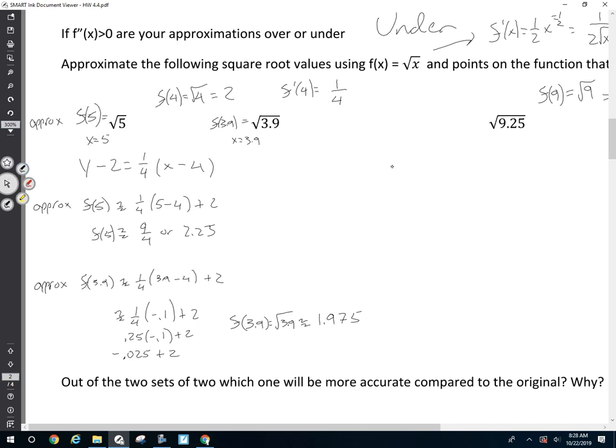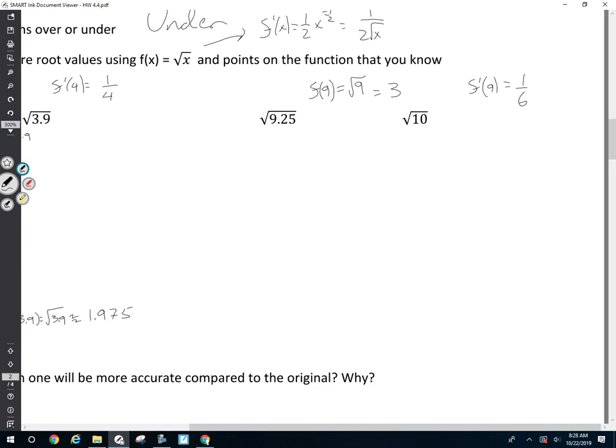Okay, let's do the same thing over here. Now, I'm using a point that I do know that is close to the x values 9.25 and 10. So my equation of the tangent line that I'm going to use is y minus 3 equals 1/6 times x minus 9, that I'll use to approximate f of 9.25, so that's x equals 9.25, and f of 10, which is x equals 10.